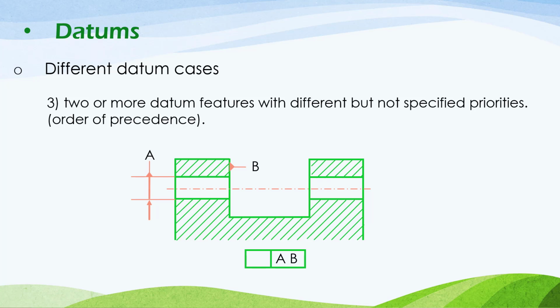So there will be an unknown piece of information, which is the priority arrangement, and this leads us directly to some errors in the measurements of the workpiece, because if we considered the workpiece to have datum A as the primary feature, we will have some results of measuring the workpiece, and if we considered the datum feature P to be the primary datum, we will have some different results of the measurement of the workpiece compared to the first scenario. So we don't recommend using this method of expressing the tolerancing operation.